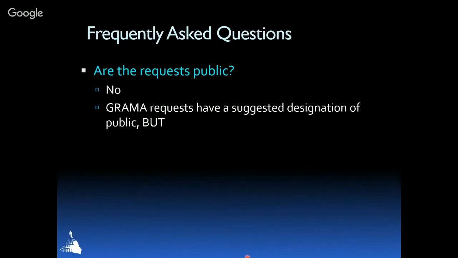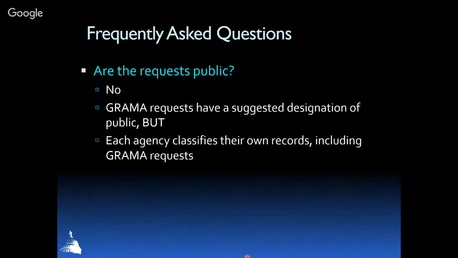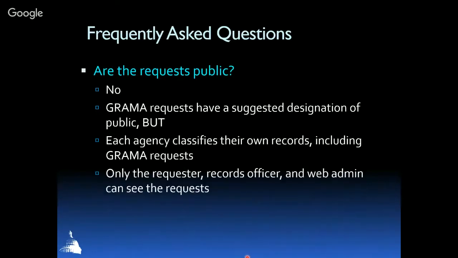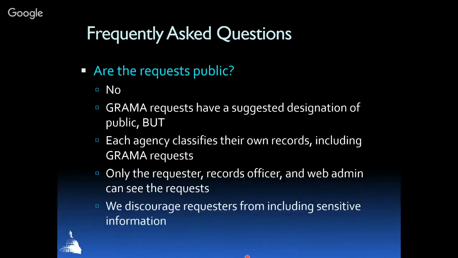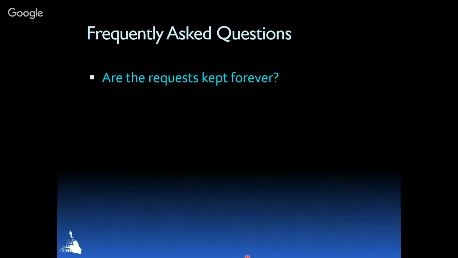GRAMA requests have a suggested designation of public, but it's up to every agency to classify their own records, and that includes GRAMA requests, which includes requests through the Open Records Portal. The only people who can see these requests are the requester, the records officer, and then, of course, the web admin. We do discourage requesters from including sensitive information, but the requests are not public.